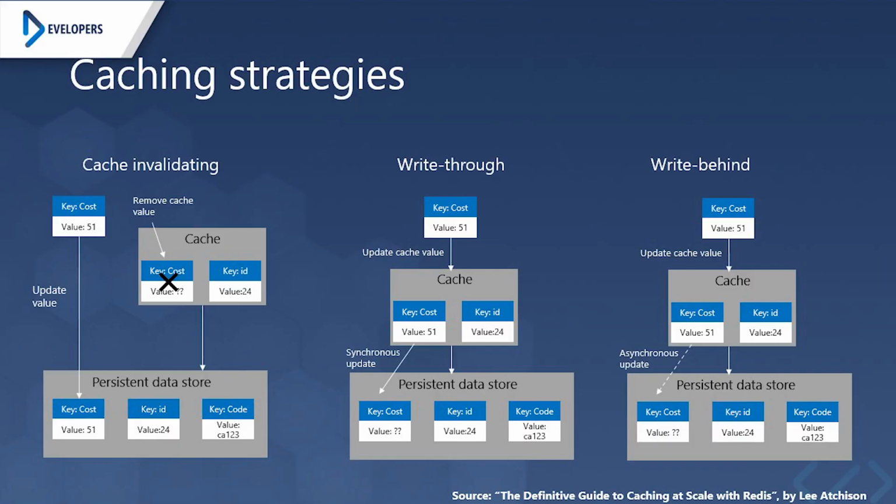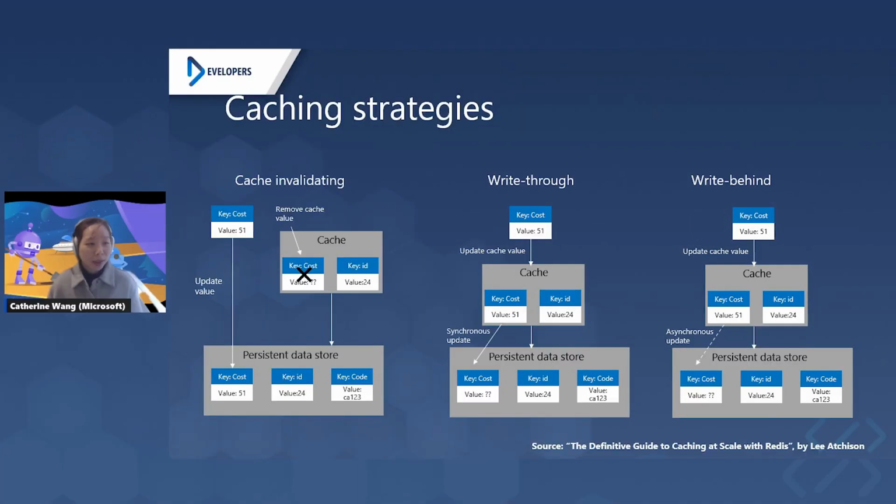So in the topology, we have one cache and one database, both storing data. How do we keep the data consistent? There are 3 caching strategies. The first one, cache invalidating. This means every time a change is made to the data store, like the persistent data store, we will remove the corresponding cache entry.